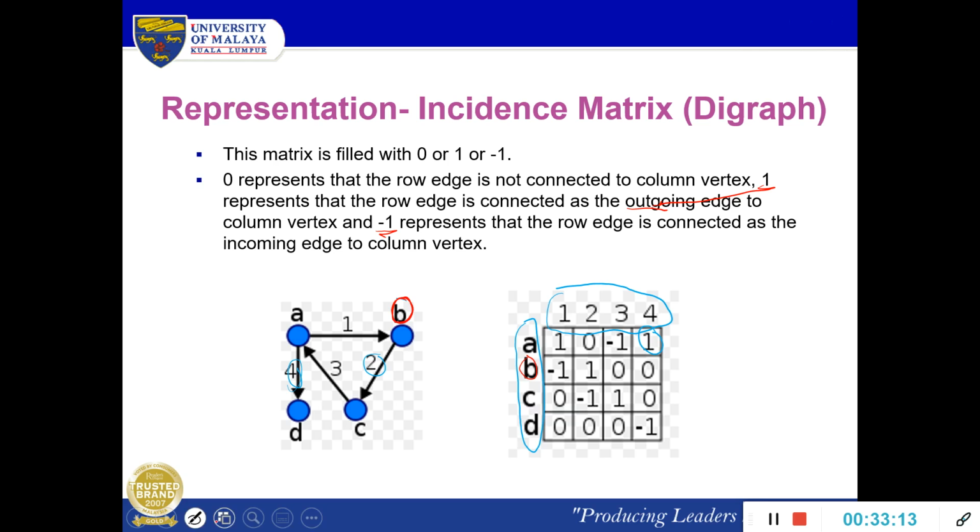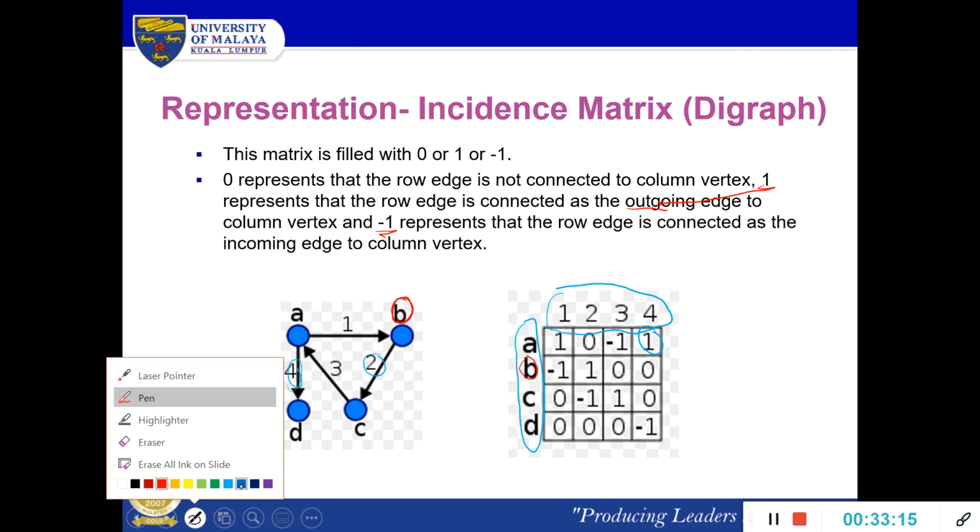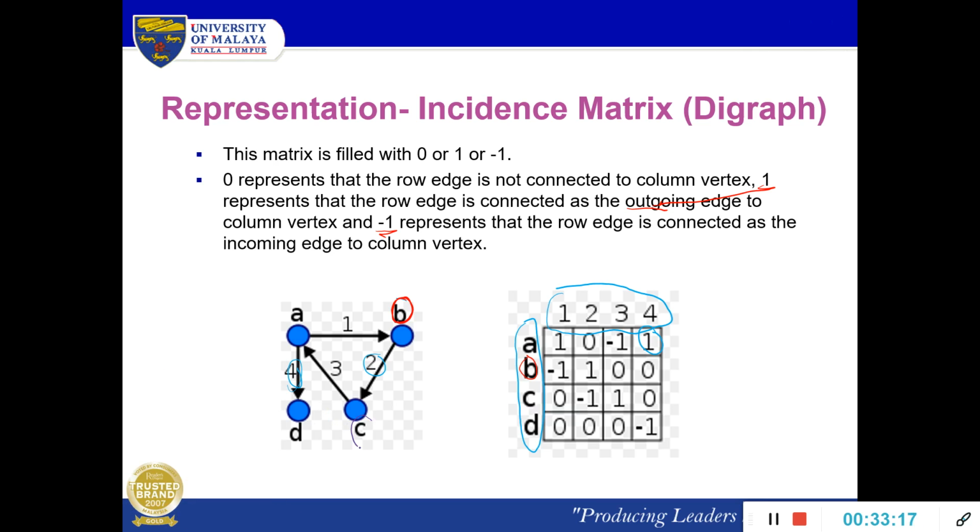Let's see the vertex C. Is C incident with 1? No, put 0. Is C incident with edge 2? Yes. As incoming or outgoing? It's incoming, so you put -1. Is C incident with edge 3?